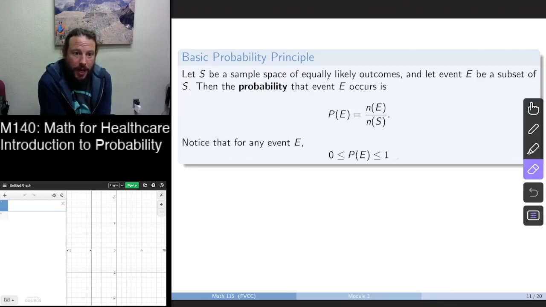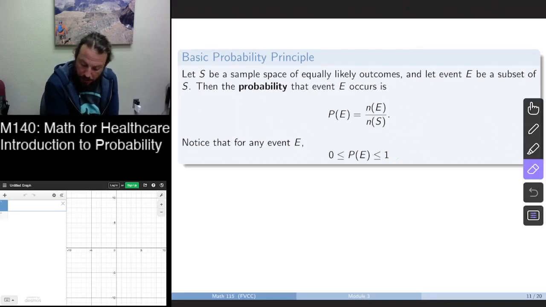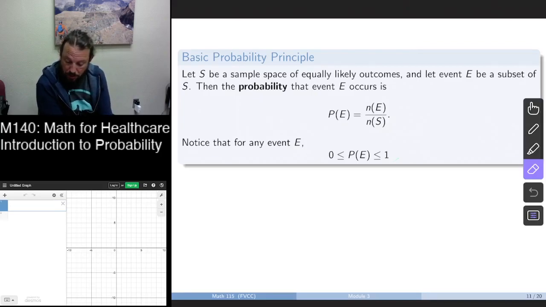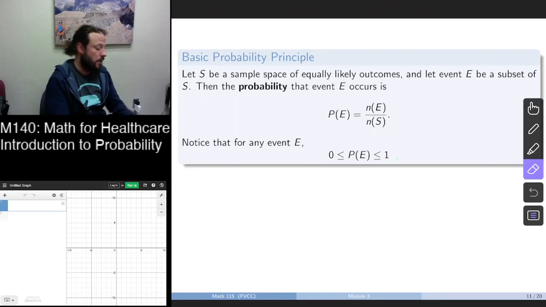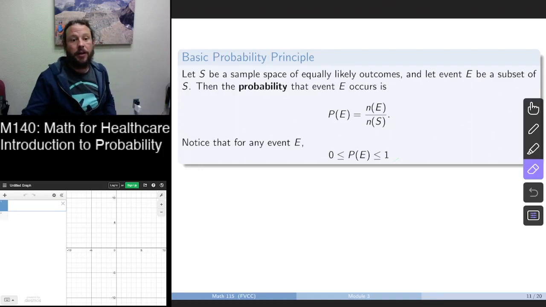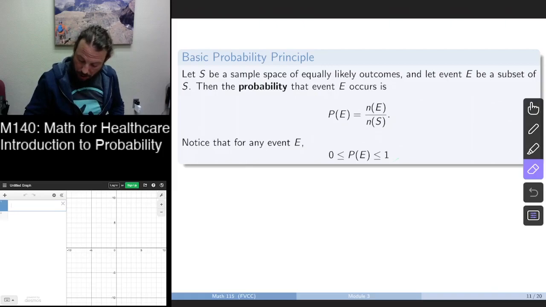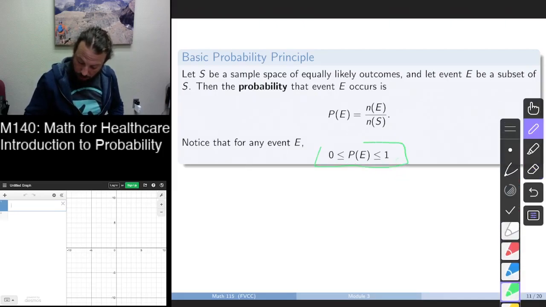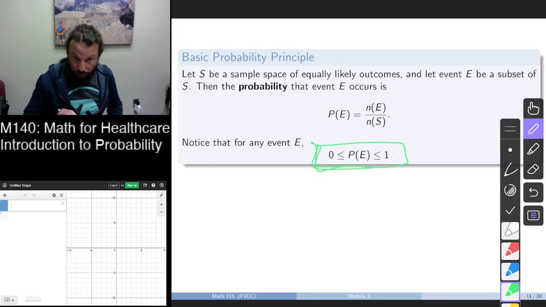Last time we saw this formula, where S is a sample space, so it's a set, and an event E is a subset of S. The probability of E occurring is the size of the set E divided by the size of the set S. And we saw how that gives us the basic bounds on any probability for anything.